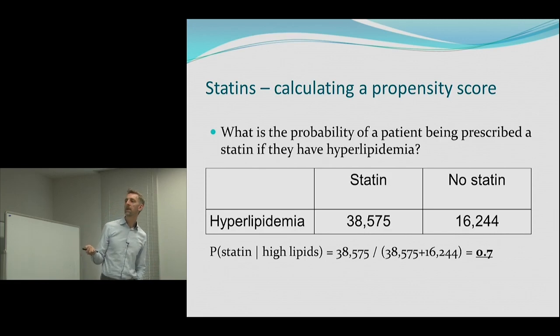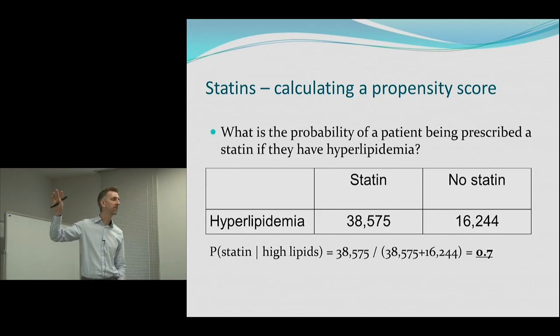So it would be this very simple probability equation here. What's the probability of receiving a statin given that you have high lipids? In our study population, if we take everybody with high lipids, it's the number of people with high lipids who are receiving a statin divided by the total number of people with high lipids. And it would be 0.7.